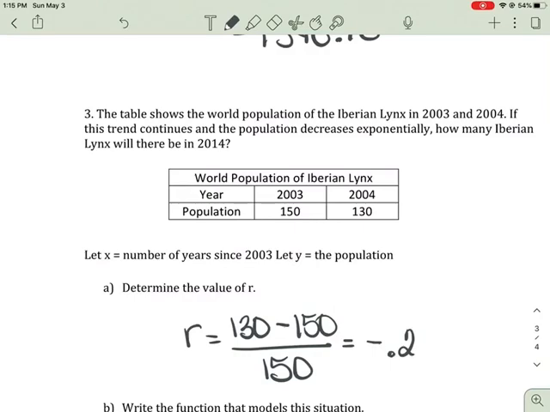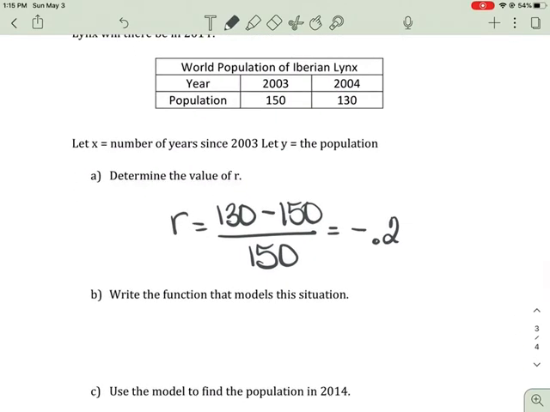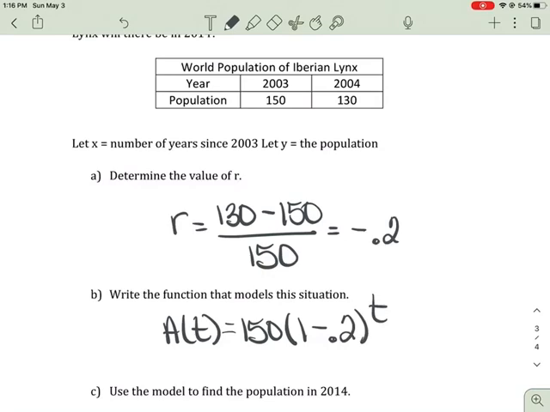So it's decreasing at about 20% per year, and we're going to say that's a constant decrease. So we're going to write our model. Again, 2003 is going to be our original amount, 150. So amount after time is equal to 150 times 1 minus 0.2 to the t, or 150 times 0.8 to the t.